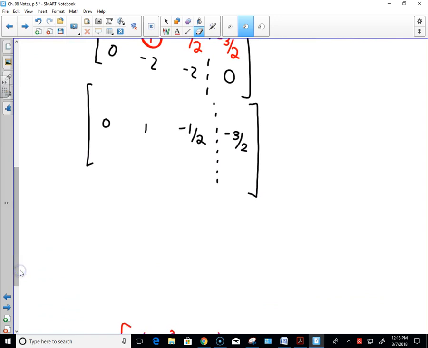Okay, it's pretty close right now. There you go, you got it. Why did she put a positive 3? There was a negative 3 there, so she did the opposite.